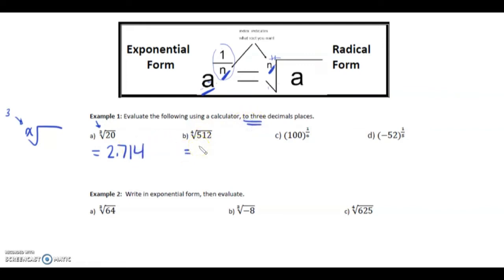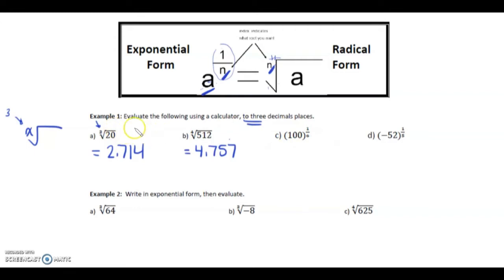Okay, so when I do the 4th root of 512, I get 4.757, rounded to 3 decimal places. Now for C, when we put 100 to the 1/6 in our calculator, we can do all of these 2 different ways.